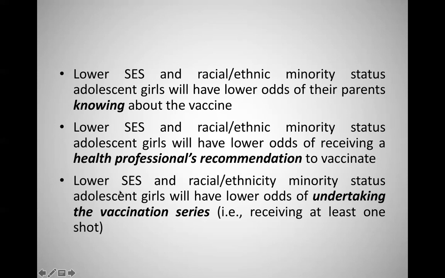And then finally, if the knowledge is lower, if the physician's recommendation is lower, then it was logical to also see that parents who have lower socioeconomic status and who are from racial or ethnic minority backgrounds, in fact, vaccinated their daughters at a much lower rate compared to parents with higher socioeconomic status.